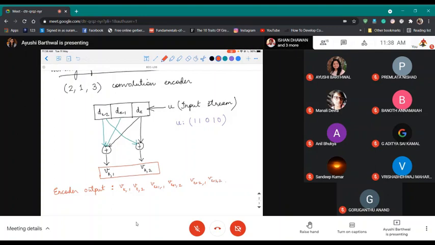This is how we represent the encoder output, and this will go on.